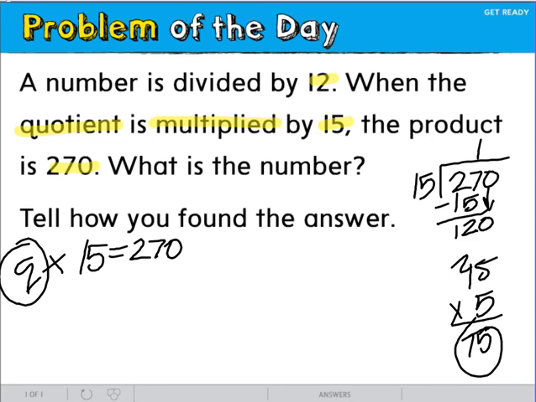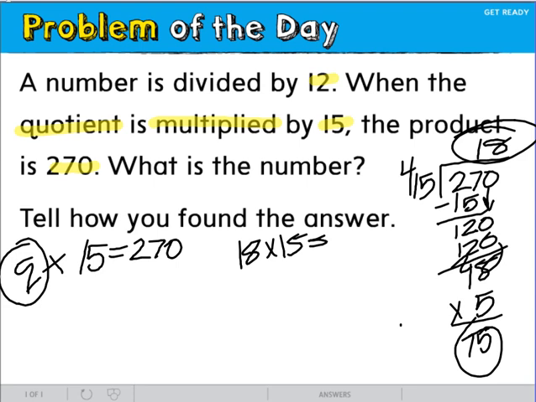No. 7 is going to give me a 5 at the end. Let's try 8. 8 times 5 is 40. 8 times 1 is 8 plus 4 is, there it is. So it's 18. So 18 times 15 equals 270. Okay?